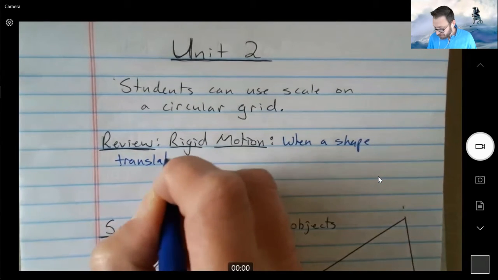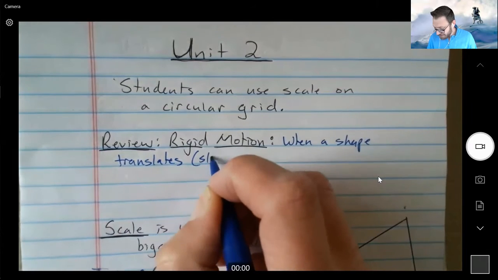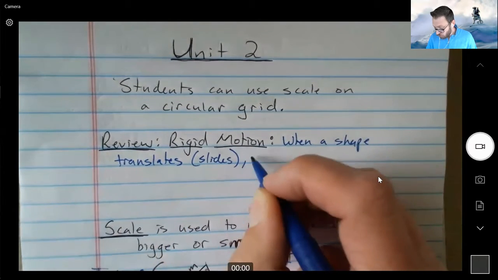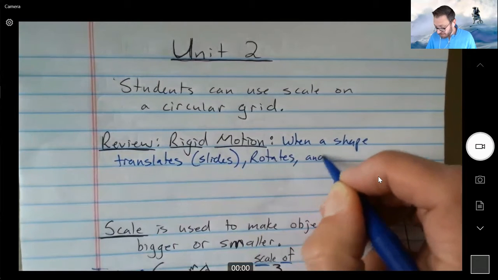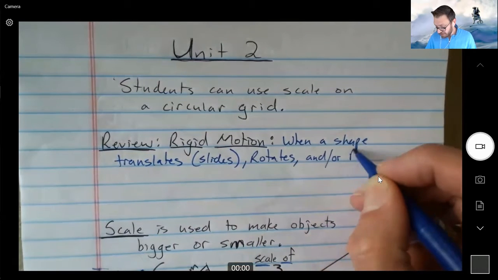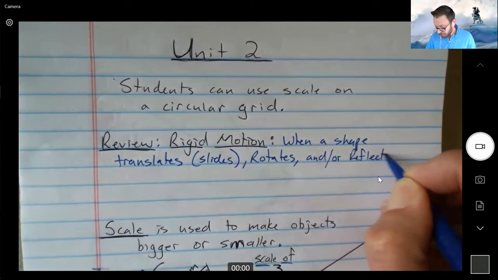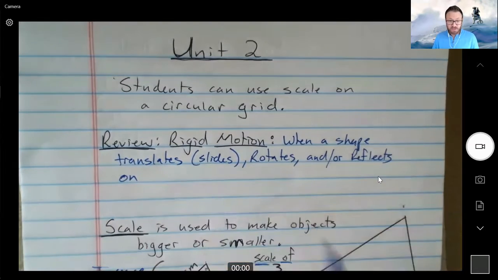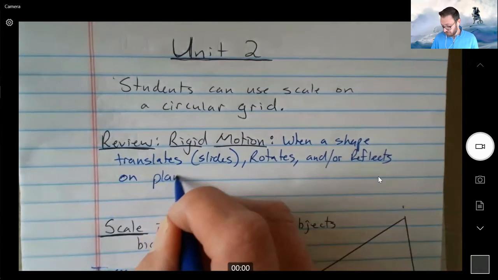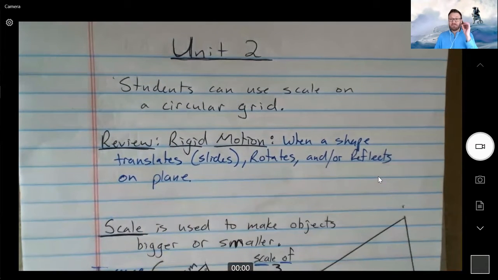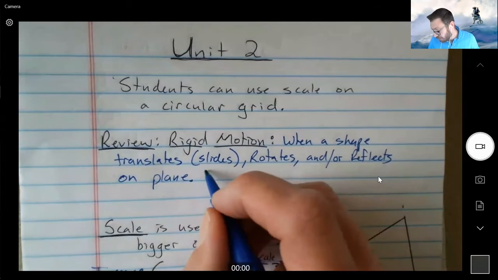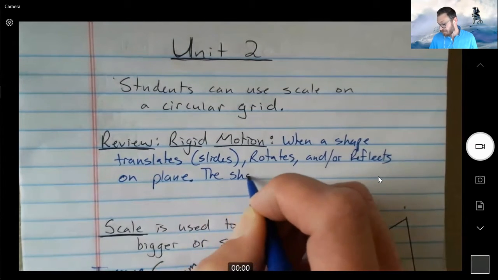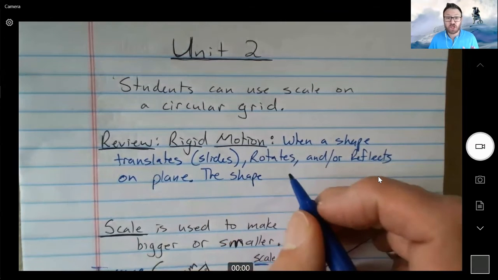So rigid motion is when a shape translates, remember that slides, rotates, and or reflects on a plane. Basically, this shape stays congruent.